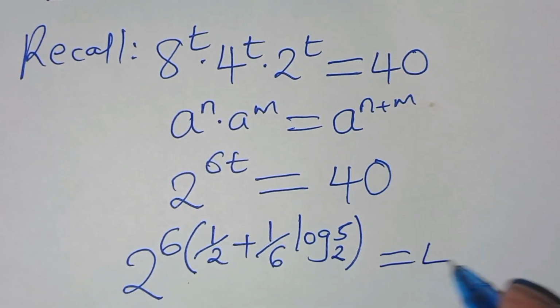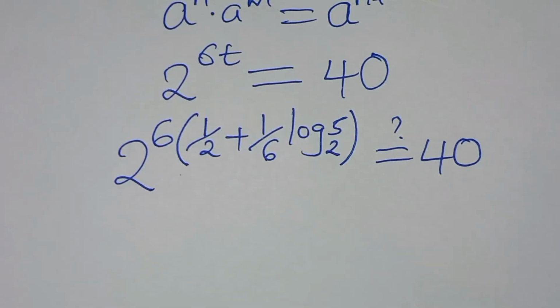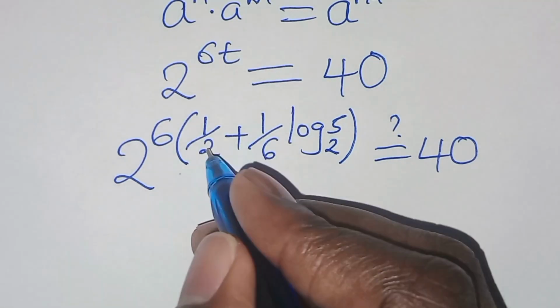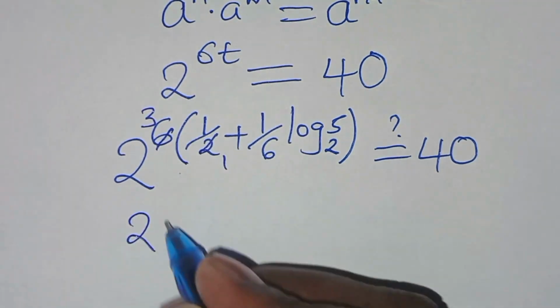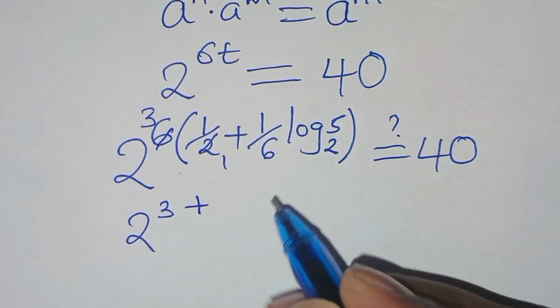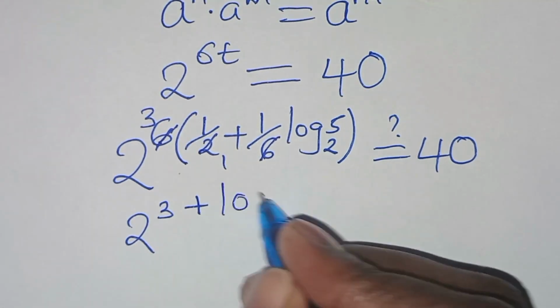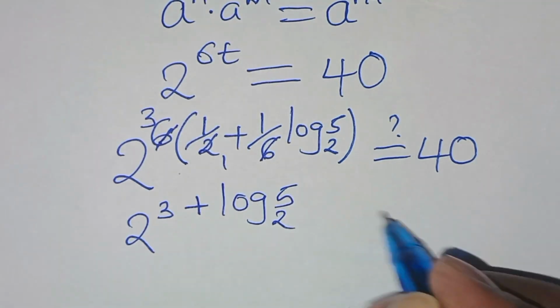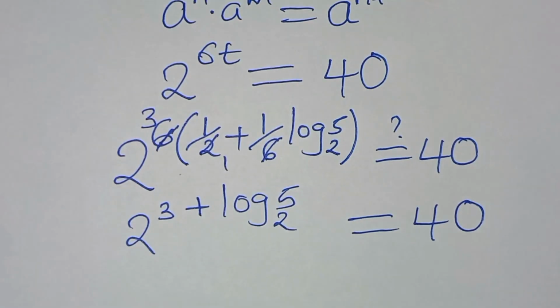This is supposed to give us a value of 40. The next step, let's simplify here. This is by 2, 1, by 2, 3. So we have 2 to power 3 plus, now we have 6 and 6 simplifies. So we have plus log 5 to base 2. This is supposed to give us a value of 40.